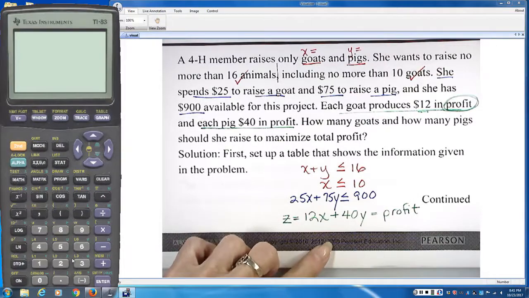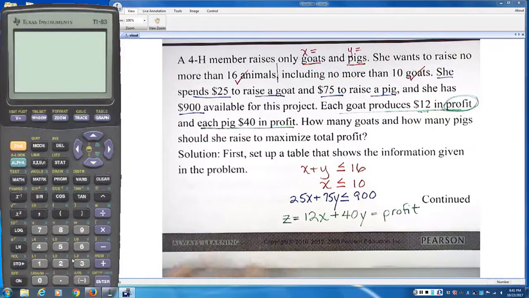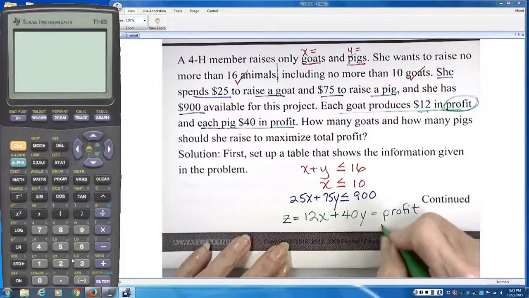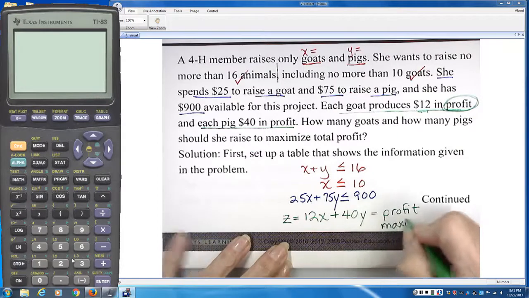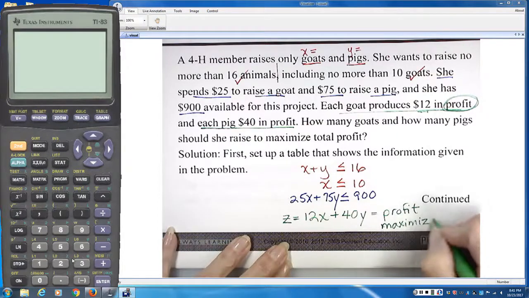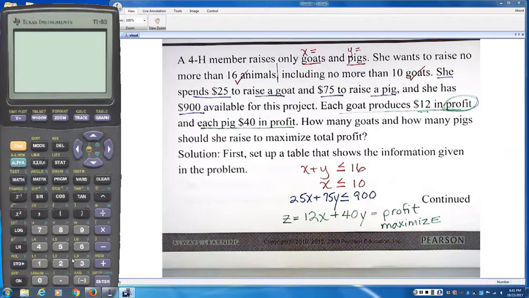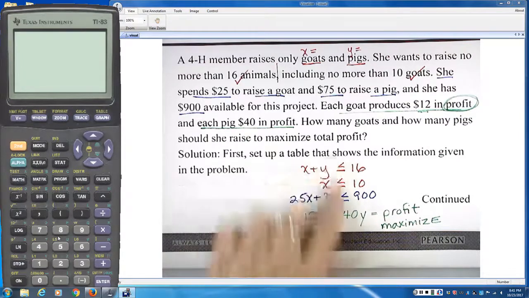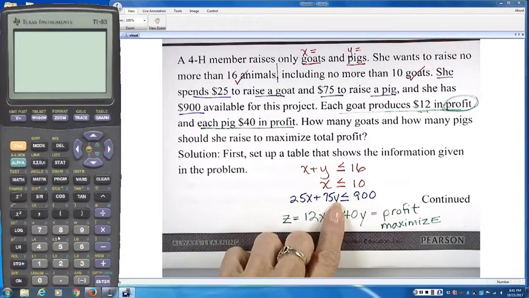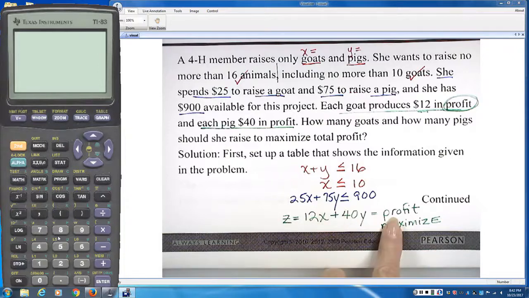Okay? She wants to maximize her profit. So we're going to use these three to graph. And then we're going to get corner points. And then we're going to plug the corner points into the profit equation.